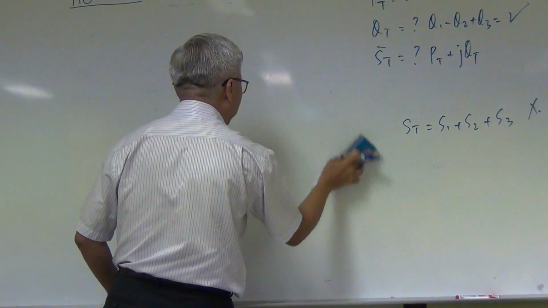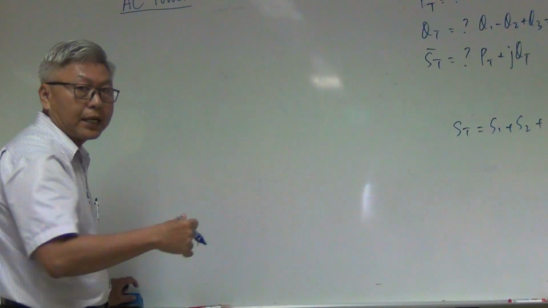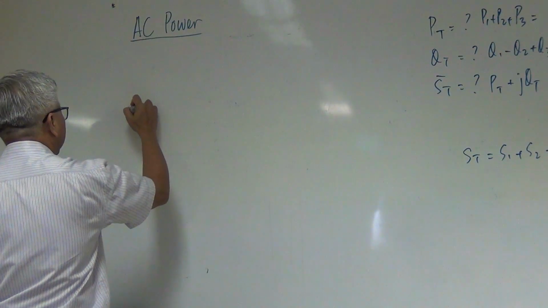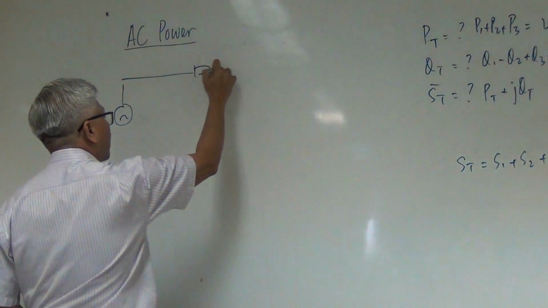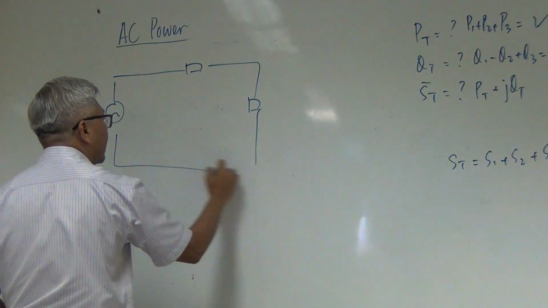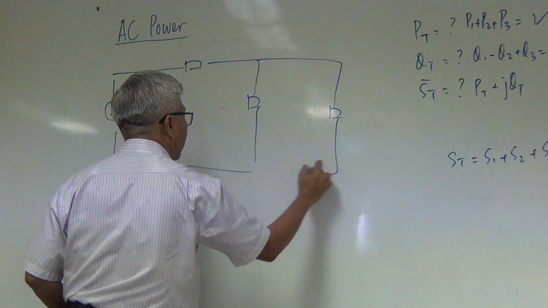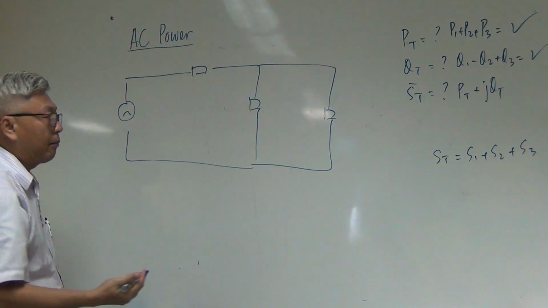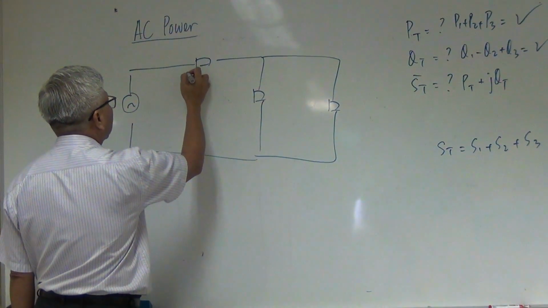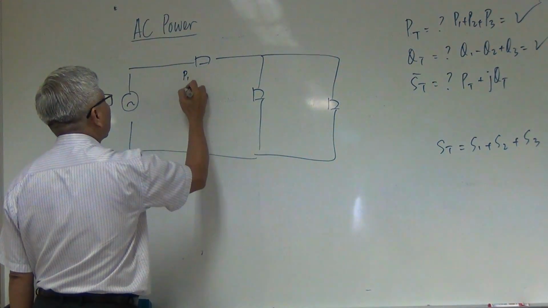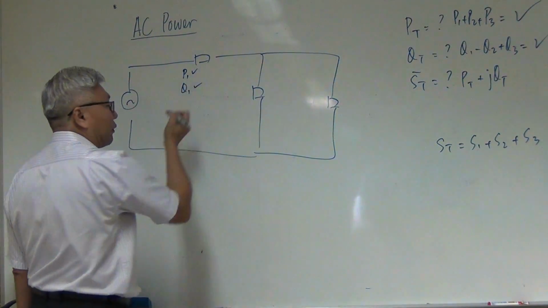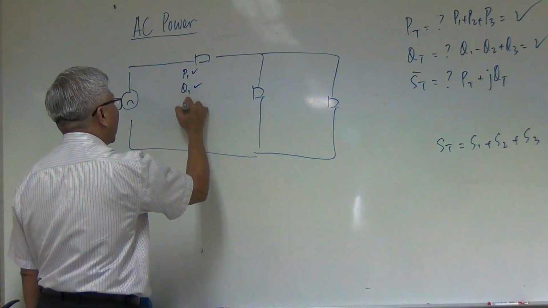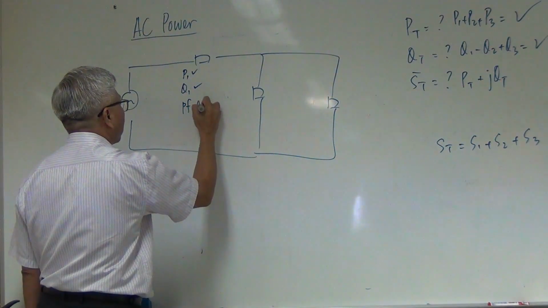Before I move on to point number 3, maybe we'll just ask ourselves about this pointing up and pointing down. Now, in your tutorial question, many a times you are not told whether it's capacitive or inductive directly, but you are told in an indirect manner. For example, you are given that this is P1, Q1, you are told the value, and then you are told that the power factor is equal to 0.8 lagging.